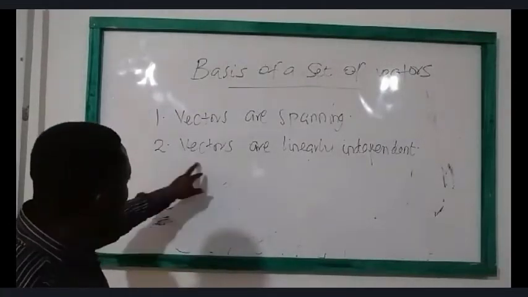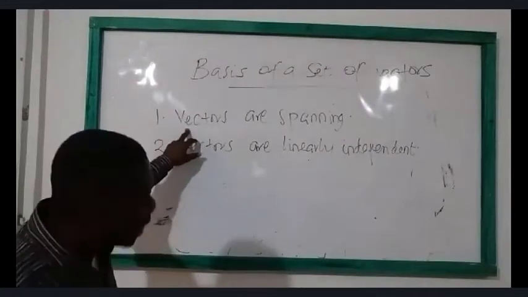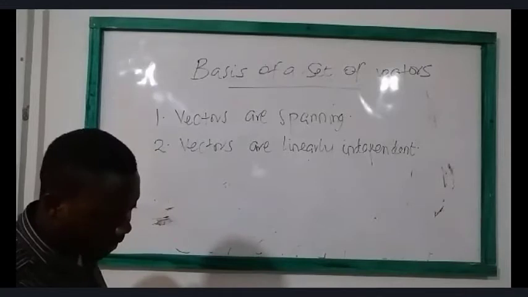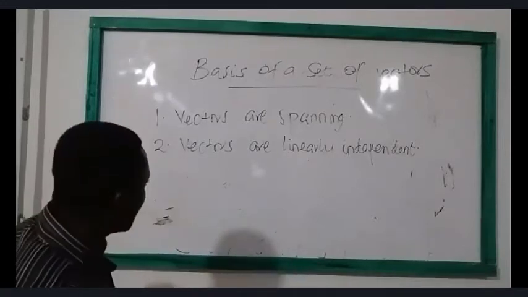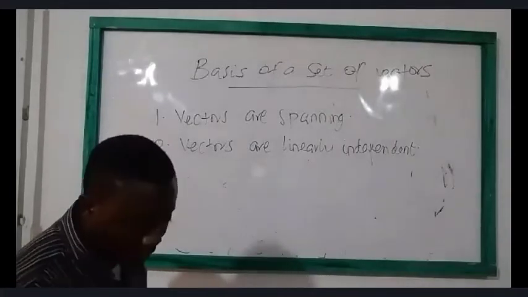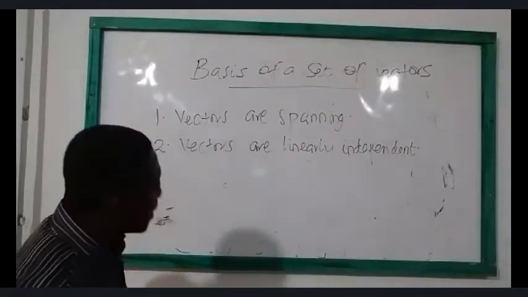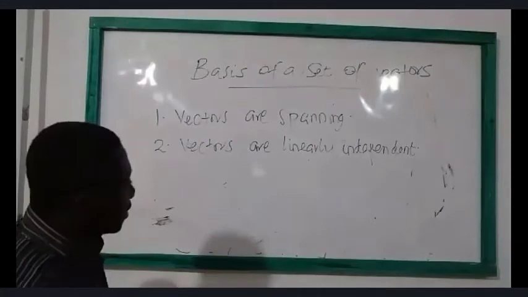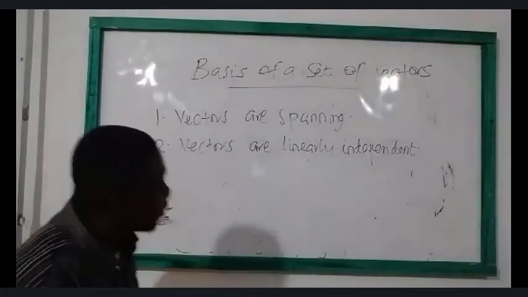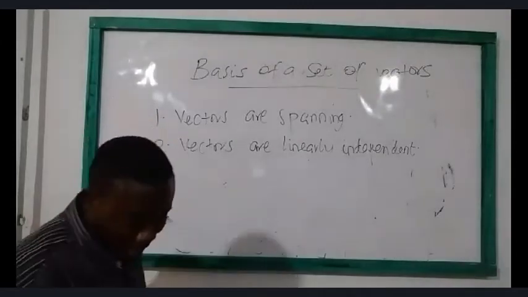So first, you have to show that the set of vectors that will form the basis are spanning. Then secondly, you also show that they are linearly independent.